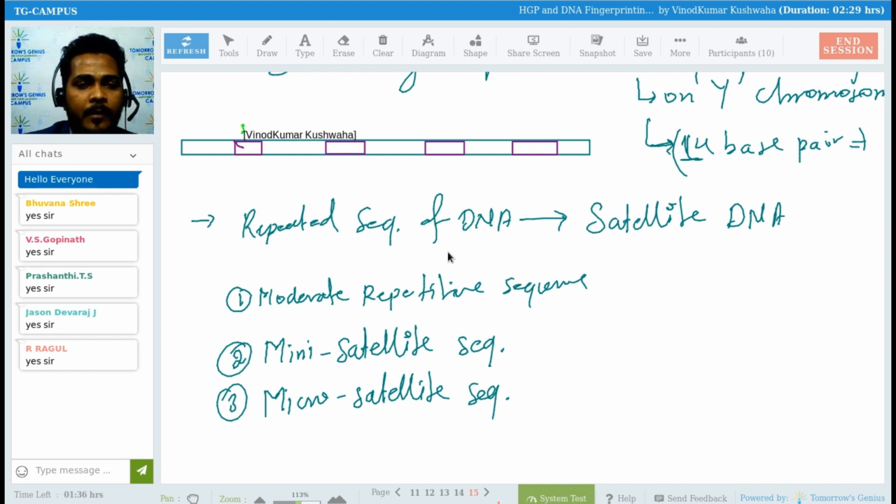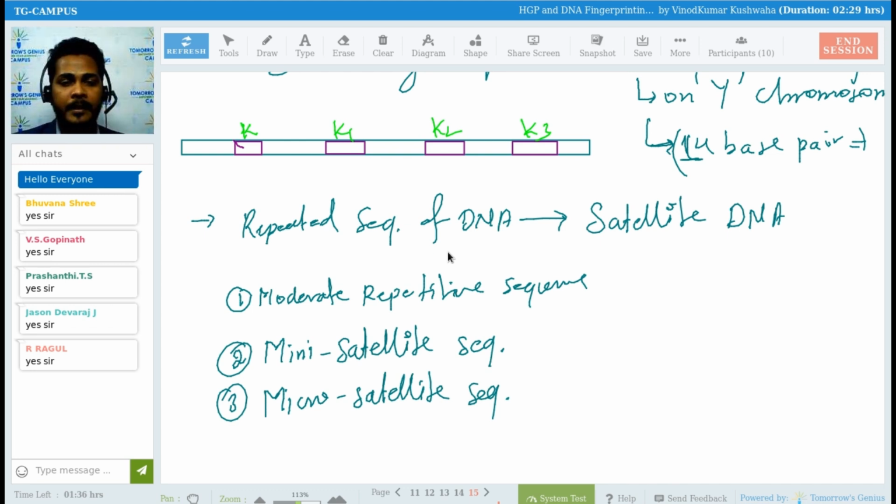This is sequence number 1, I can write it as K1, K2. So all these are the repeated ones, right? This repeated sequence is called the satellite DNA. The part of DNA which contains the repeated sequence is called the satellite DNA.